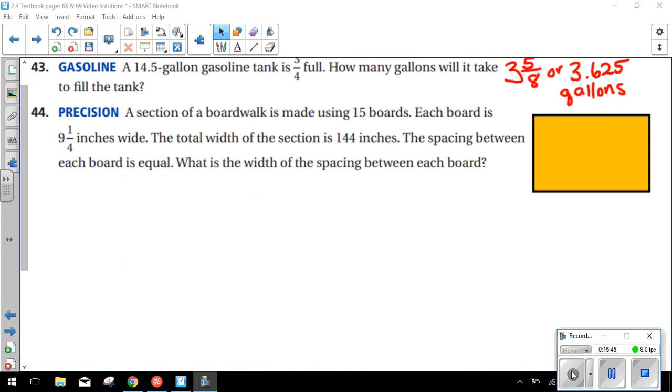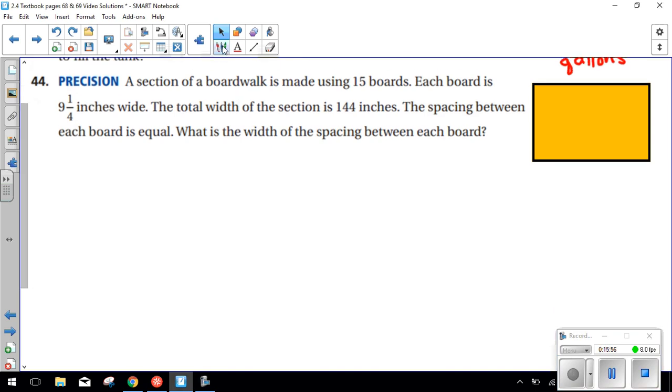Okay, for this last one, it's a 3-step process to find the spacing between the boards, and the hardest part is enduring your way through the whole thing. So I'm going to write the steps out, and then we're actually going to follow through on it.